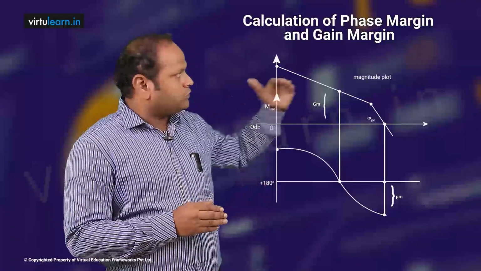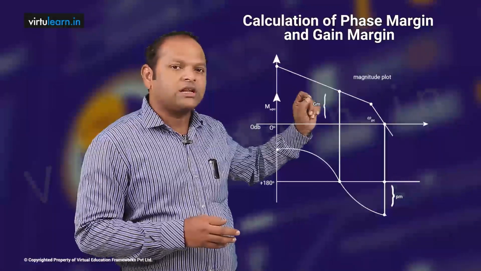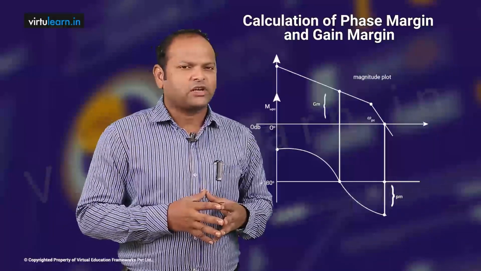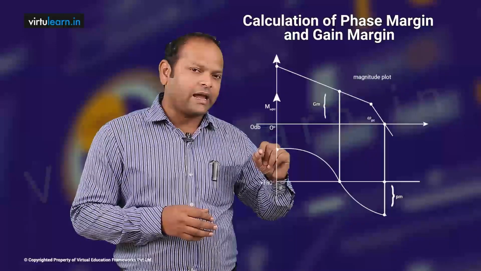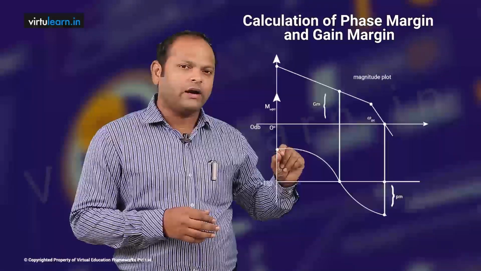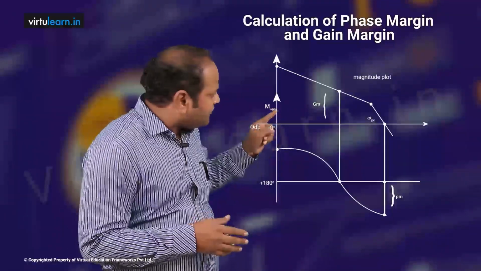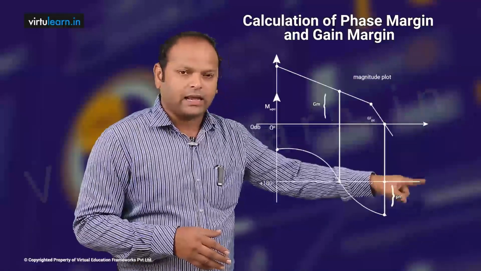Before going to find the gain margin, we will look at what the phase crossover frequency is. As per the definition, the phase crossover frequency is the frequency at which the phase angle of G of j omega is equal to minus 180 degrees. The phase plot is available here, and on the right side we have the phase angle axis.